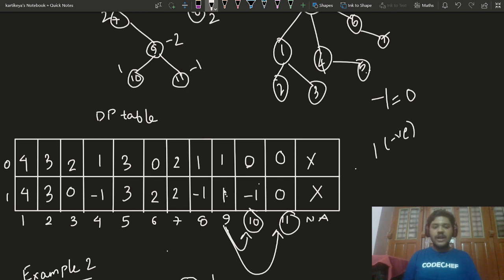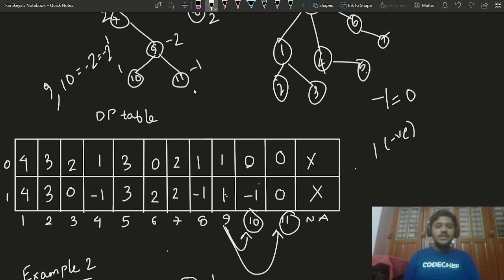So here I would write it as 1. You can see that this path starts from 9 and goes up to 10. So this path has a magnitude of minus 2, and the power of 2 or minus 2 in this path is basically 1. It is minus 2 raised to the power 1. So here I have written 1.